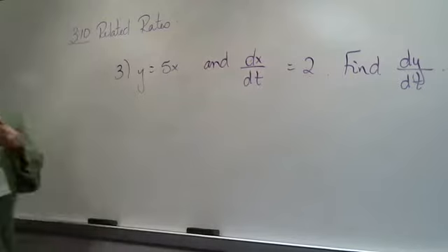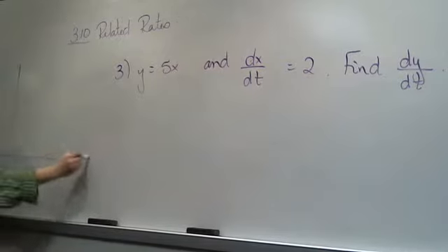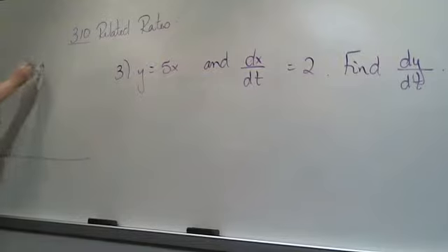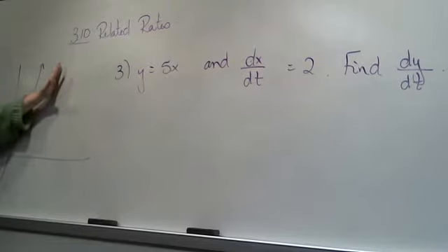Okay, so here, x and y are both functions of time. If you can imagine the line 5x, there's my line 5x. And as time goes on, these x's and y's change, and we'll always assume time goes positive.